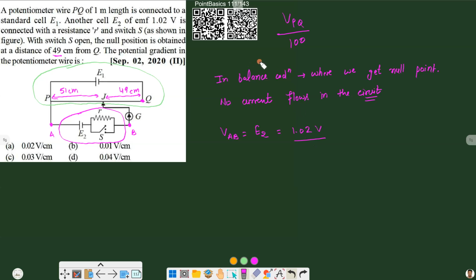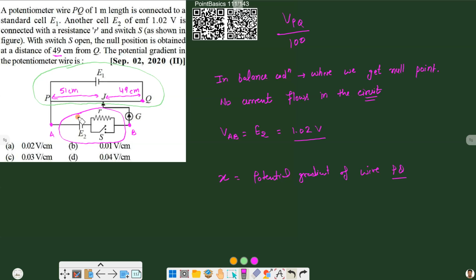Now assuming the potential gradient of this PQ wire is, we can say, X. So let's assume X is equal to the potential gradient of wire PQ.